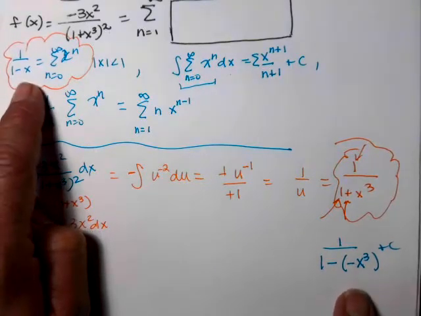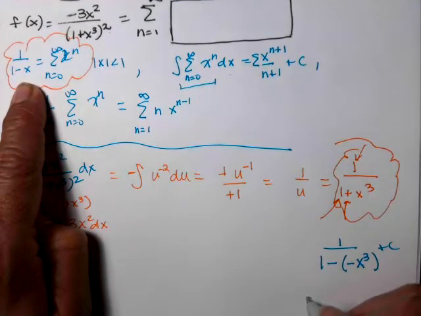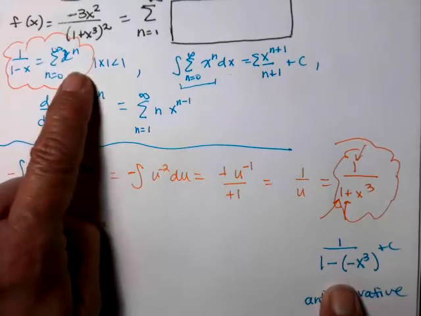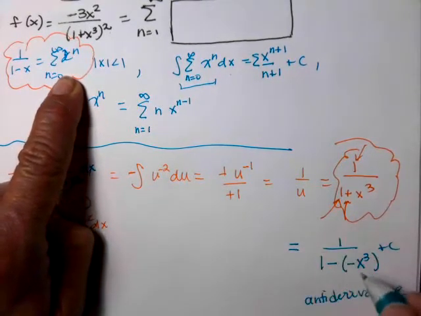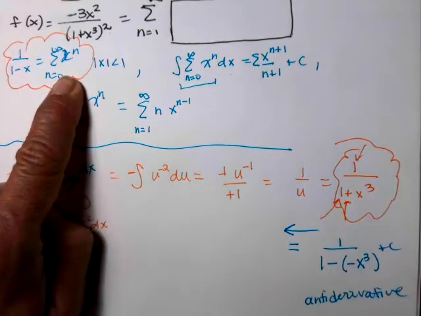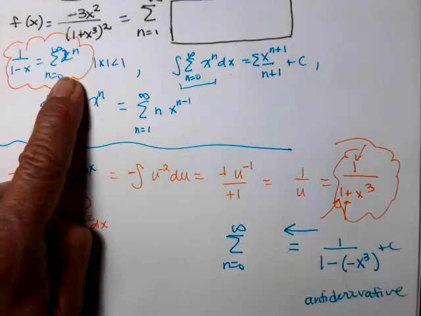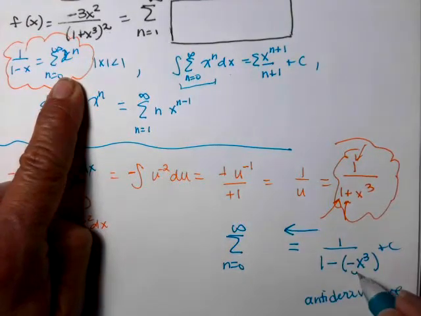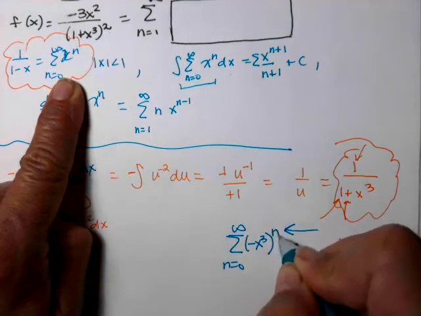So I can write this rational function, which was the antiderivative, as this power series. So right now I'm going this way. So this is equal to the sum from 0 to infinity of negative x cubed to the n, where x is now being played by negative x cubed.